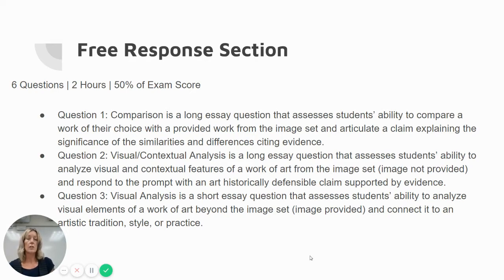So they will say, compare this artwork that we're providing you. Here are 3 suggestions to compare it with. But if you want to go outside of those 3 suggestions, you may, but they will probably give you a time period that you have to stay within.